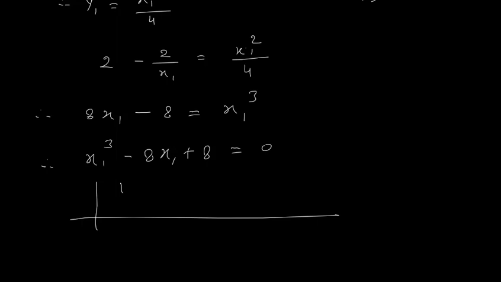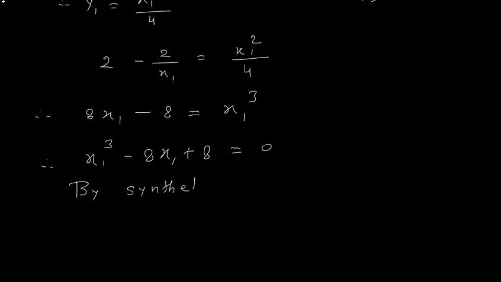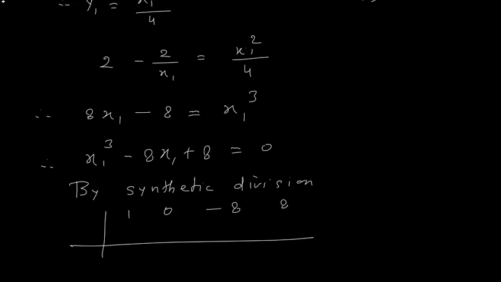So here better we mention, by synthetic division, I will draw: x1 cube is 1, x1 square is not there, x1 is minus 8, and here I have plus 8. So the factors of 8 are plus or minus 1, plus or minus 2, plus or minus 4, plus or minus 8. So either 1 or 2 I will get as a solution.